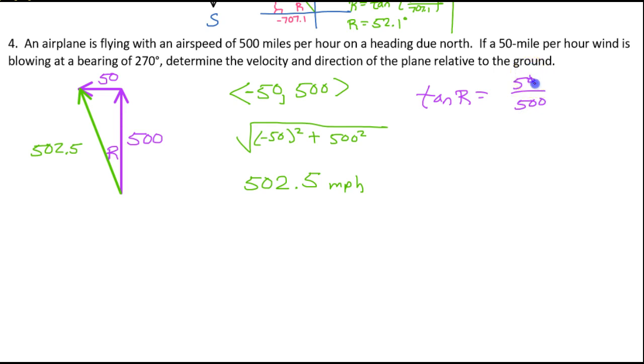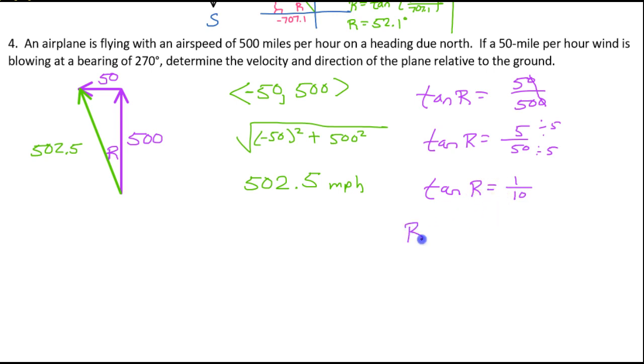I can simplify this a little bit. If I divide by 10, that gives me that the tangent of R is equal to 5 over 50. If I divide both of these by 5, I'm just reducing, okay? That's going to give me that the tangent is equal to 1/10.